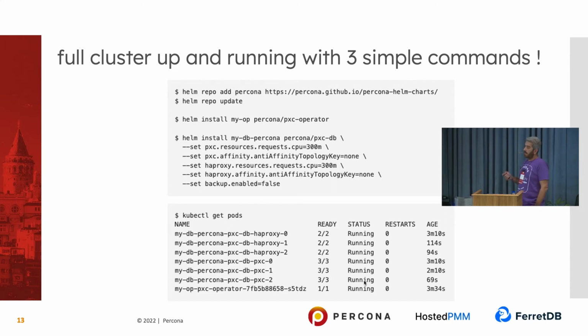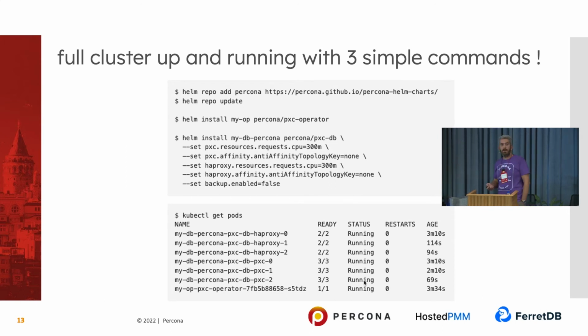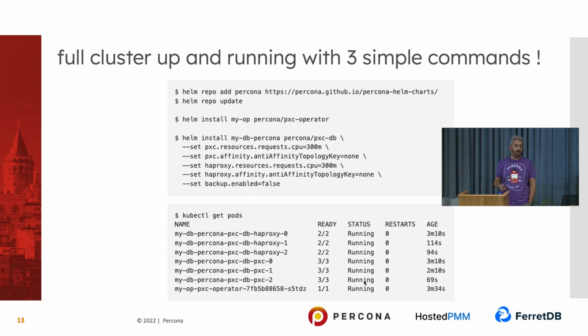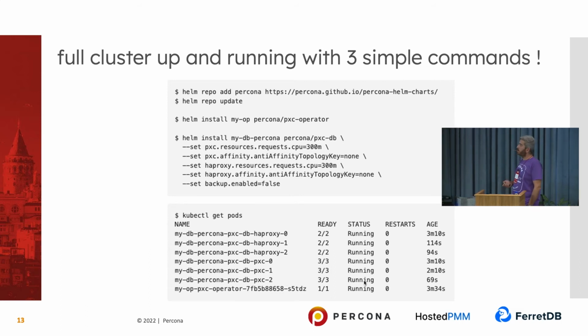And this ensures that at every moment, I'll have 3 PXE nodes available and 3 HA proxy nodes available. If something goes wrong, if there is one HA proxy which is unhealthy, this is something that the operator takes care of.